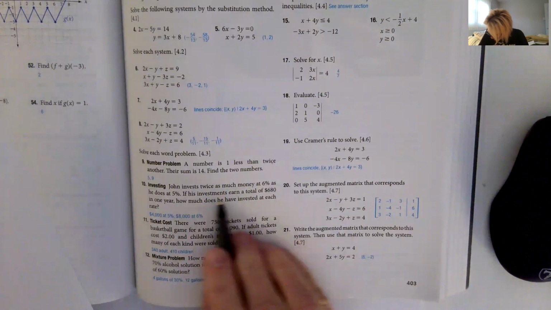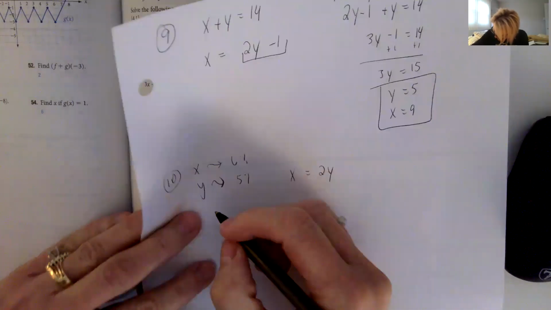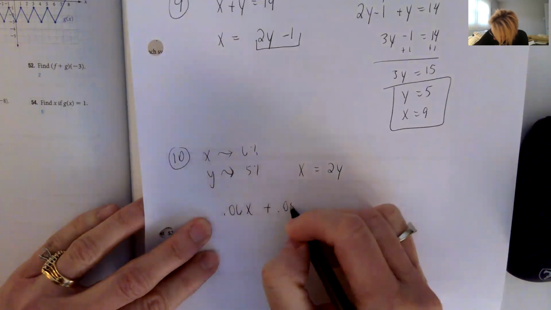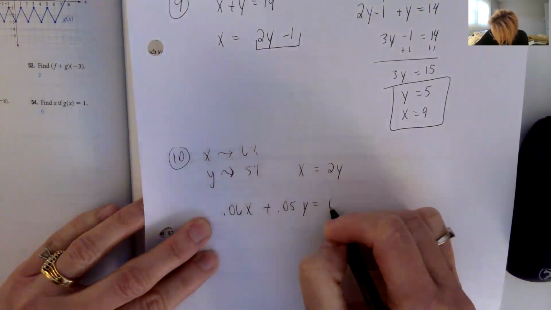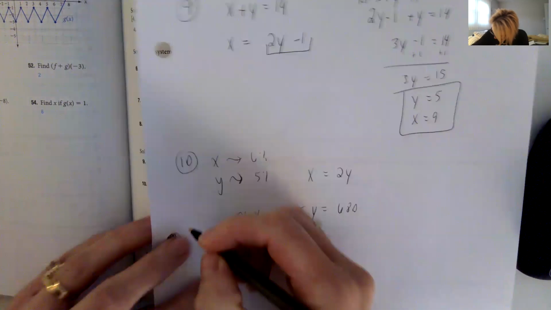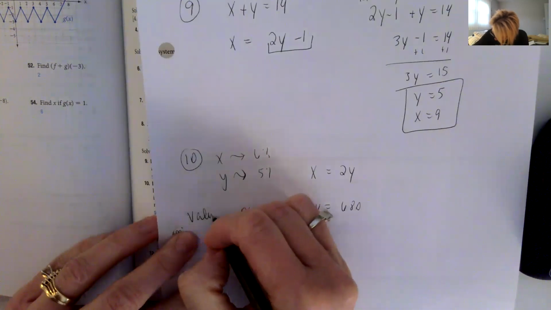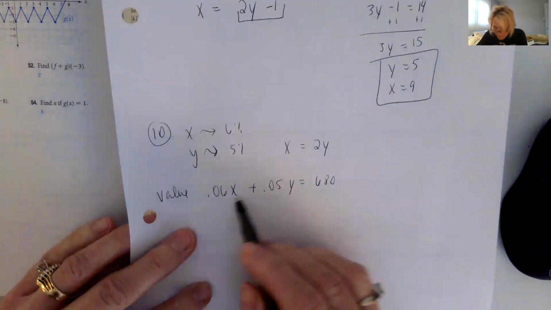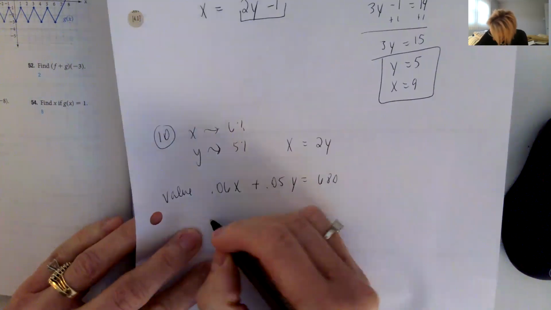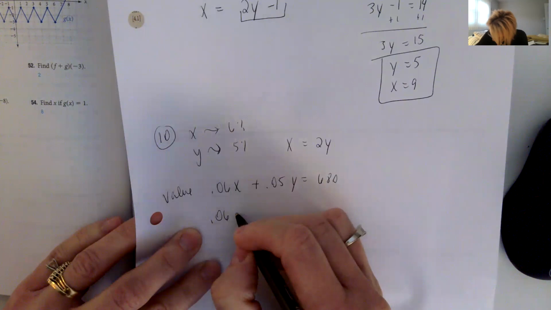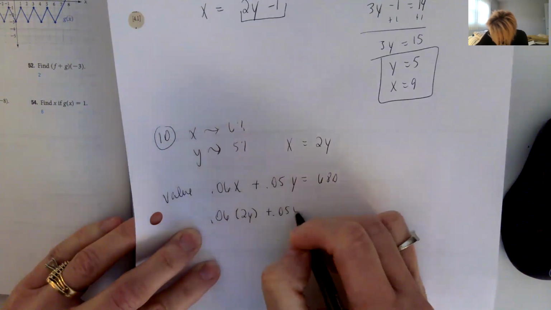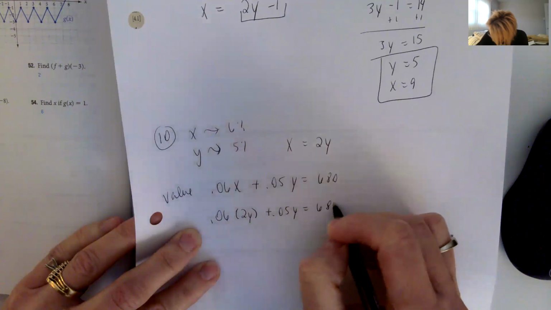And their interest is 680. So that means 0.06 times X plus 0.05 times Y is the interest. This is the value equation here. But we know that X is the same as 2Y, so we can put that in. So 0.06 times 2Y plus 0.05Y equals 680.